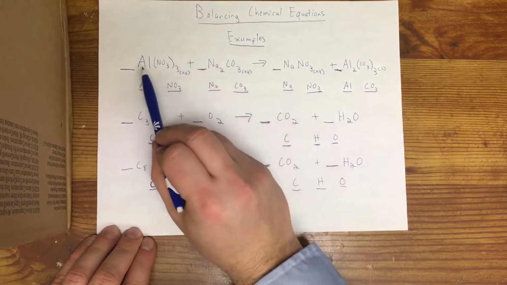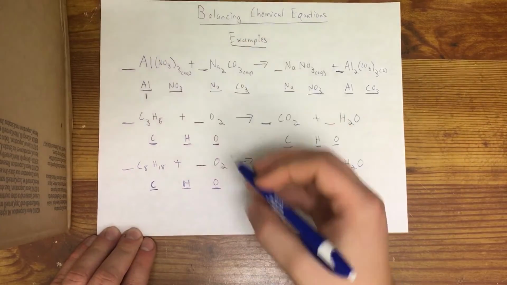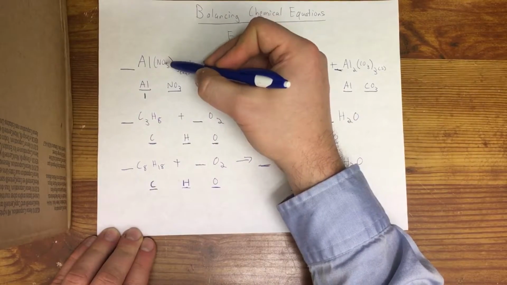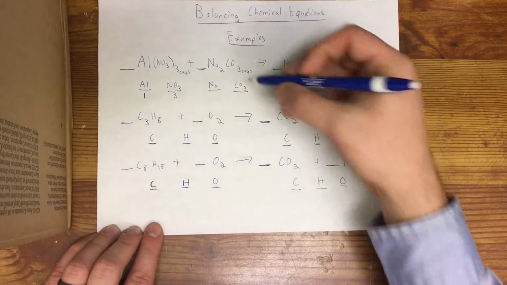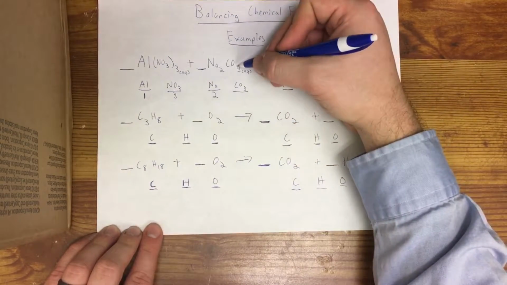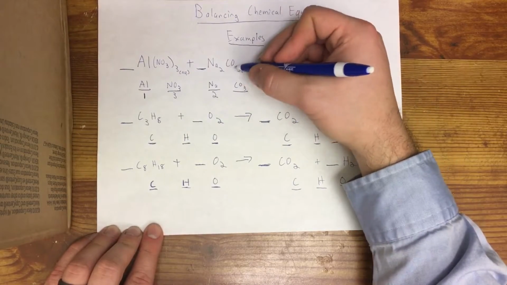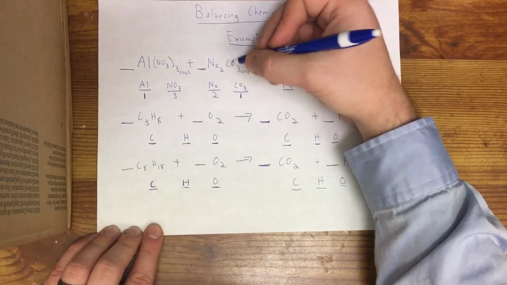On the reactant side, we have one aluminum atom, sorry. We have 3 molecules of nitrate, 3 molecules of NO3. We have 2 atoms of sodium, and we have 1 carbonate molecule. So we have 1 CO3 group.